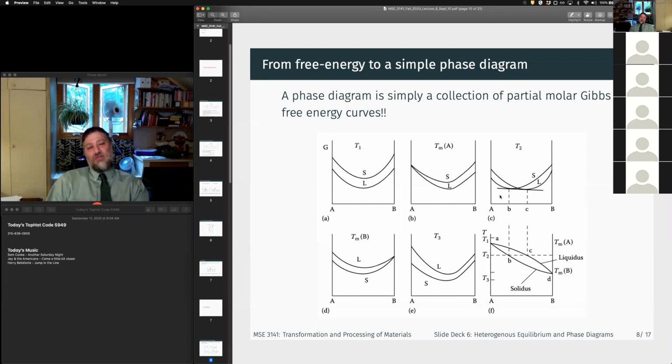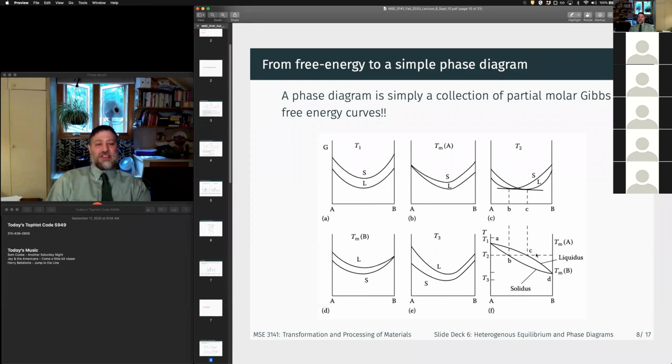And by translating these curves through various temperatures and plotting the tie lines on the temperature composition graph, we get a phase diagram, right? So this common tangent construction is how we arrive at all of our phase diagrams, right?